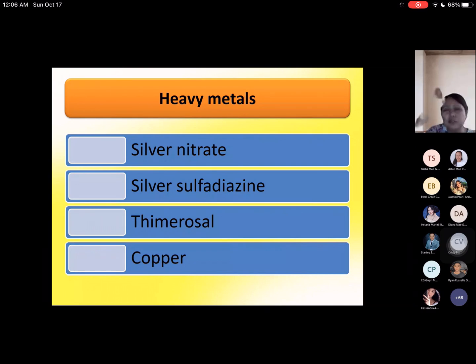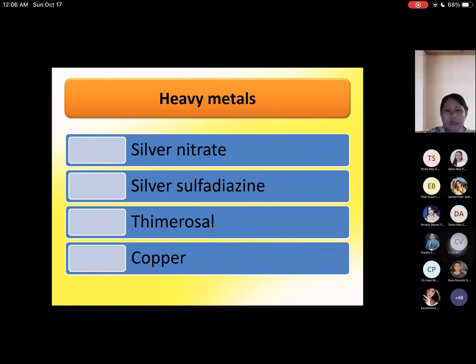After giving birth, they usually drop this ophthalmic solution, about 5% silver nitrate I think, into the baby's eyes to prevent blindness in the newborn. So this is the medical use of silver nitrate.